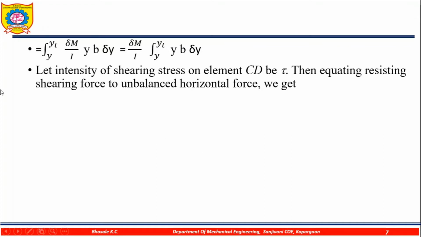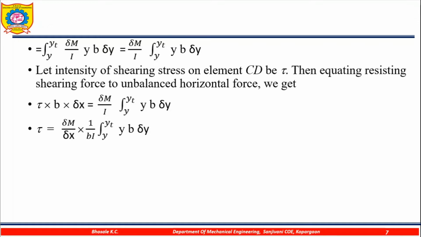Then equating the resisting shearing force to the unbalanced horizontal force, we get tau into b into dx equal to delta M upon I, integrating y to y_t of y into b into dy. So we transfer all the parts to the right hand side, and tau will be this much.